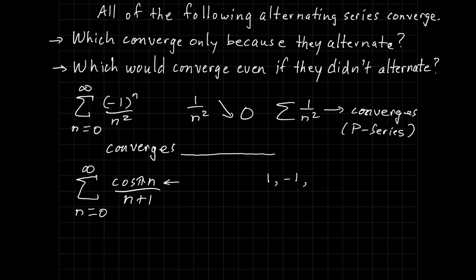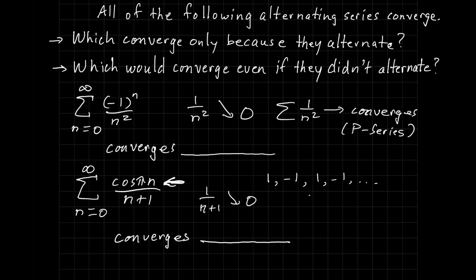N equals 2, cosine of 2 pi is positive 1, and you can see that the top part alternates back and forth. So this is another kind of sneaky way of writing an alternating series. 1 over n plus 1 decreases to 0, so I know that the series converges.